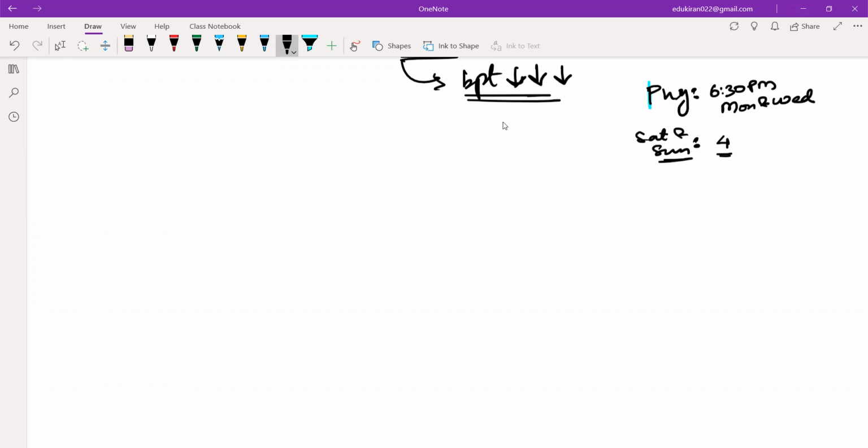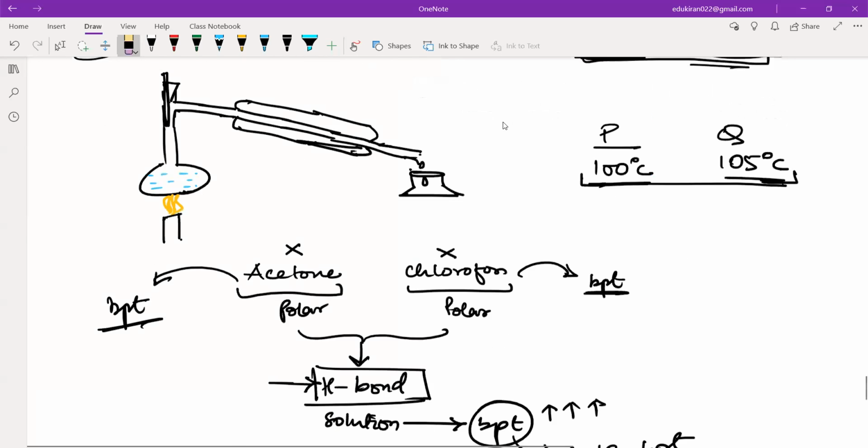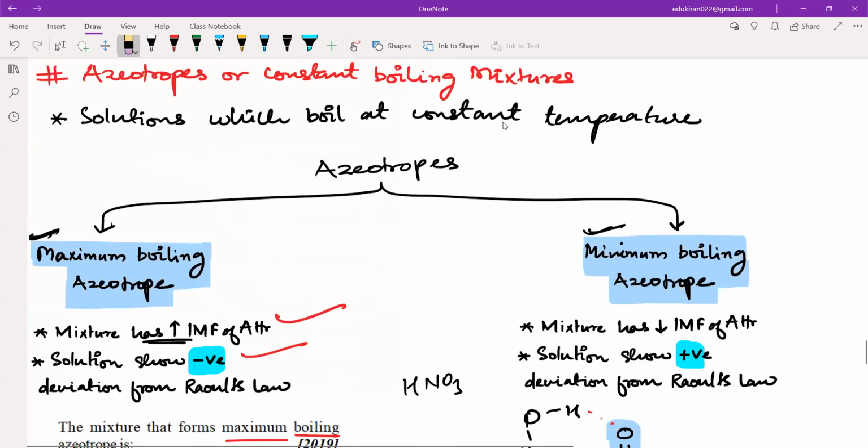Sunday 4? No, sir. No, Sunday 4 will not be fine. Okay. Then I think it will be okay if we keep you in this batch only, that is the Tuesday, Thursday batch, and we will start after Azeotropes. Okay, sir. We'll start Azeotropes.